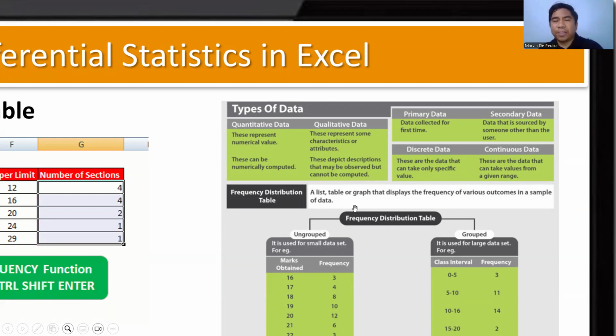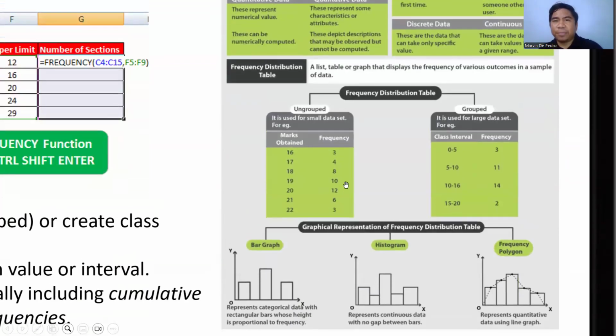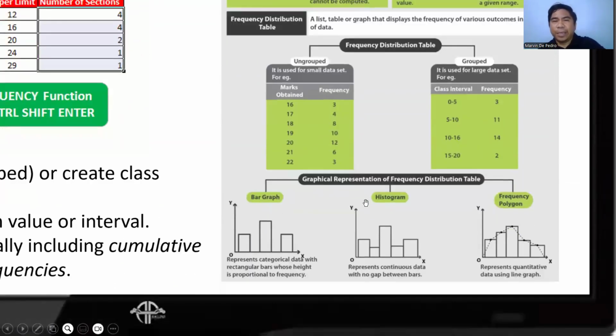So frequency distribution table, like this and this. For ungrouped, we can have direct counts. We just count directly. But for grouped, we assign intervals and then count. Right?